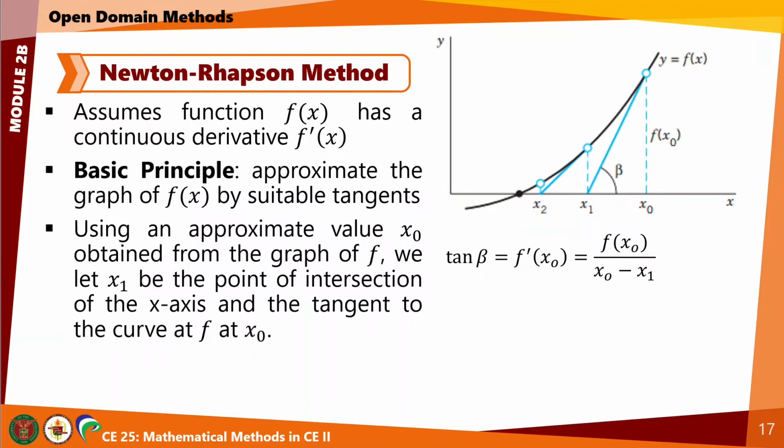Okay. So, isolate natin yung x sub 1. Lipat natin sa kabila, lipat natin to sa denominator. We have x sub 0 minus x sub 1 is now equal to f of x sub 0 over f prime of x sub 0.